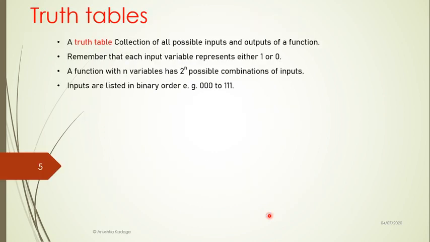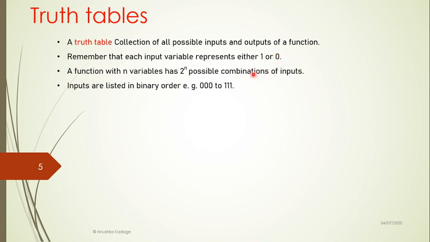Now we will go to the second part of the presentation, that is truth table. So as I mentioned earlier, truth table is a collection of all possible inputs and corresponding output of the function. But let me clear you friends, the input variables will always be the digital variables only. That means they will take value as either 1 or 0.